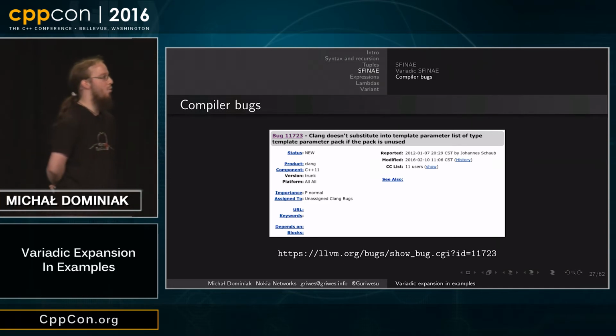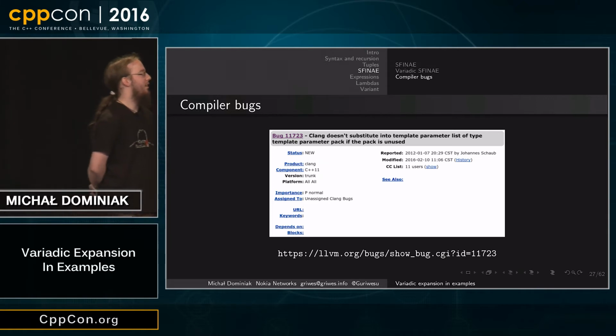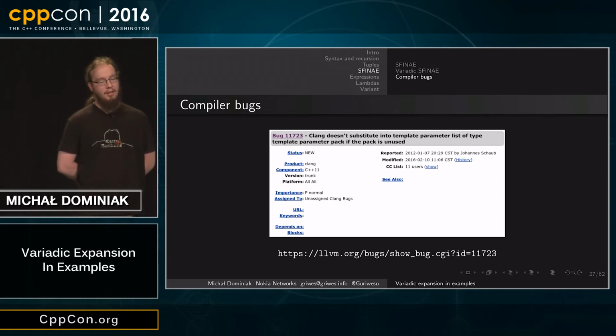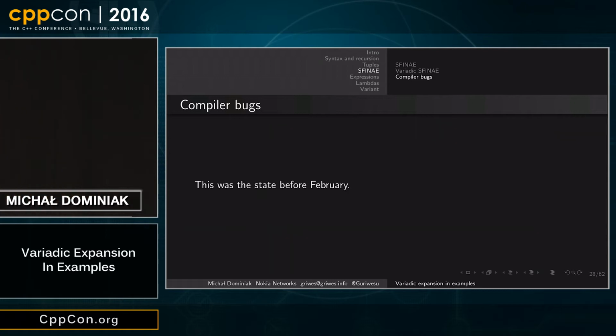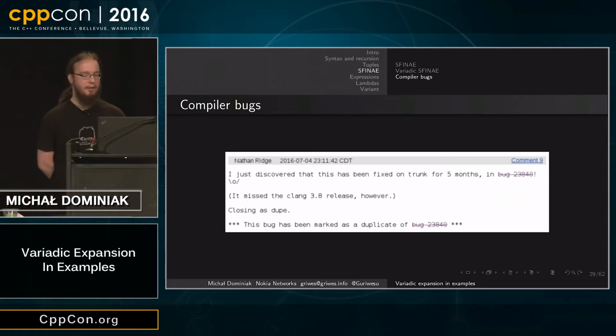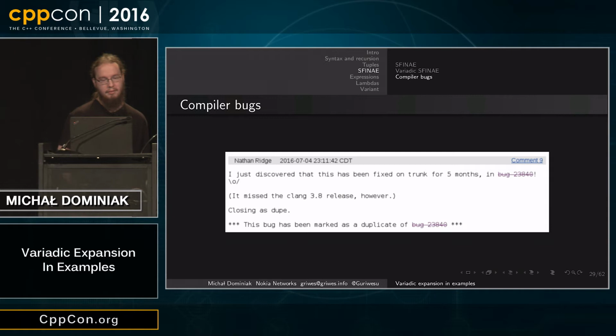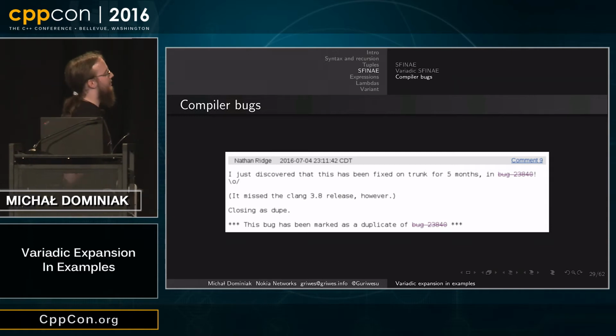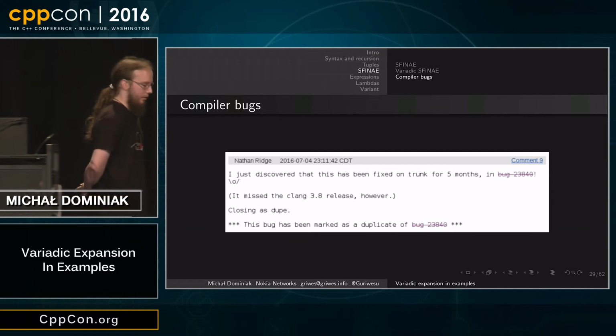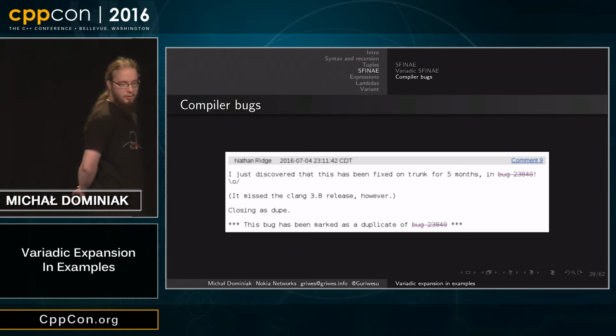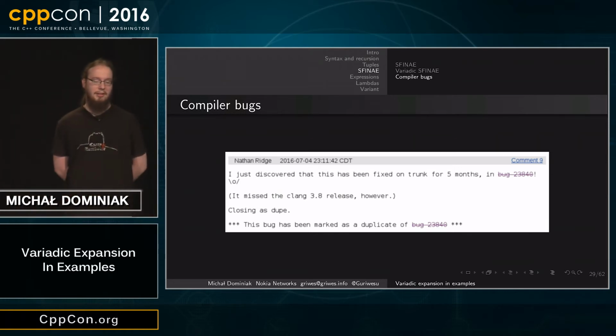But there was a compiler bug in Clang. It was there for 4 years before a person fixed it. It was the state before February, so slightly later a comment appeared under that bug report that this actually has been fixed for 5 months already.